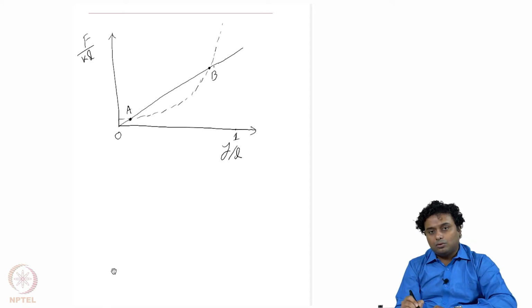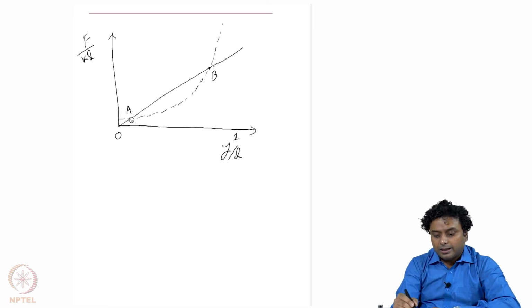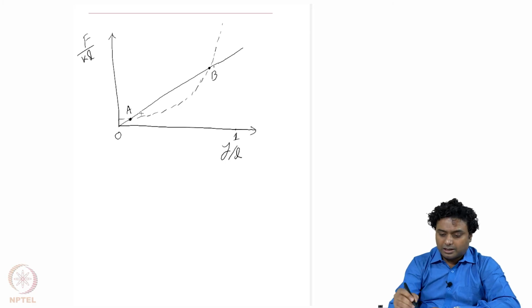But the point to note here is that this is a stable solution. Why? Because if we have a perturbation from this point A a little bit to the right-hand side, the elastic force is still higher than the electrostatic force.